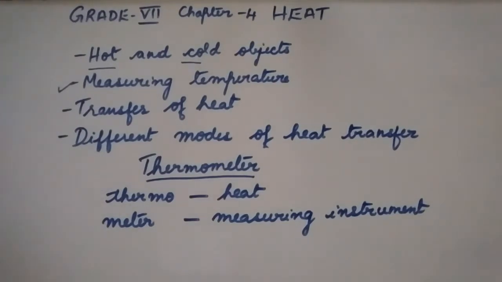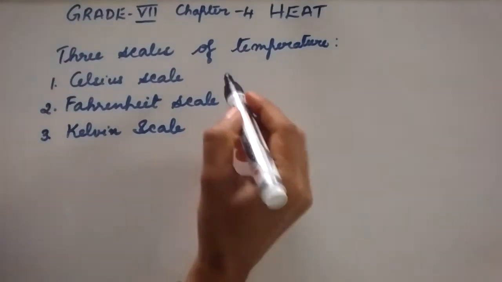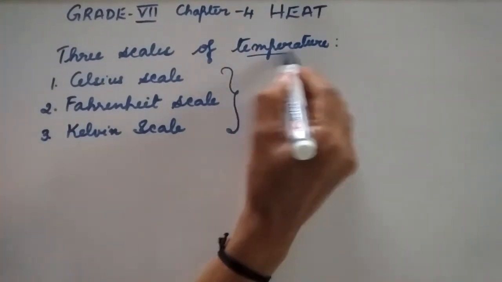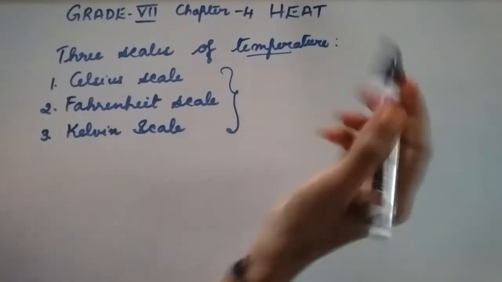There are three scales of temperature. They are the Celsius scale, Fahrenheit scale, and Kelvin scale. These are the three different scales used to measure the temperature.